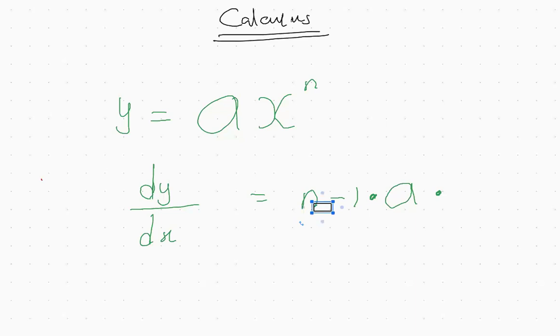So it's going to be n a x to the power of n minus 1. So that is it.